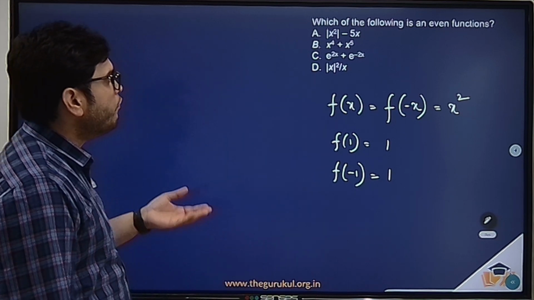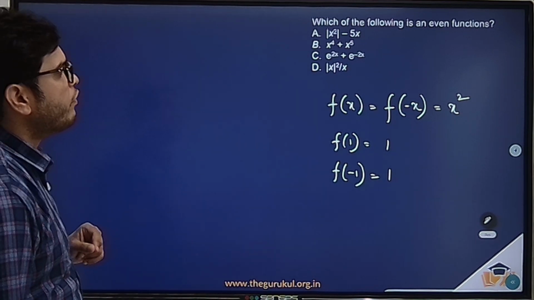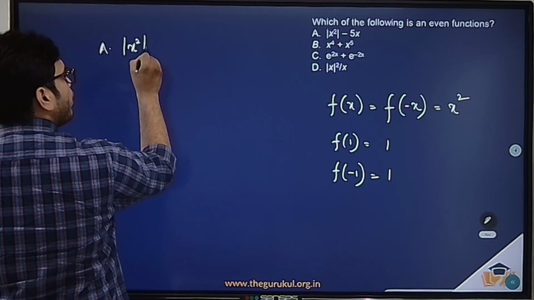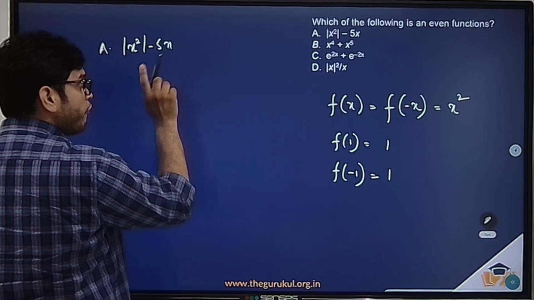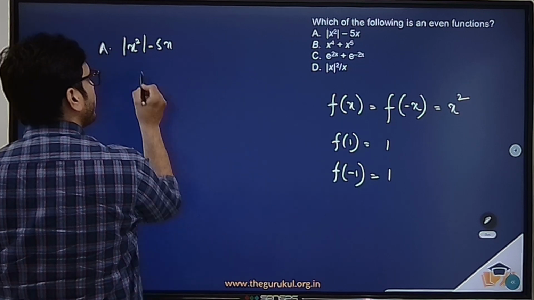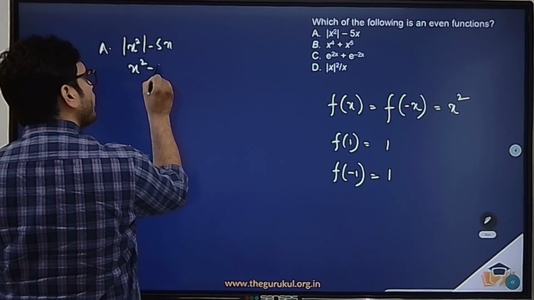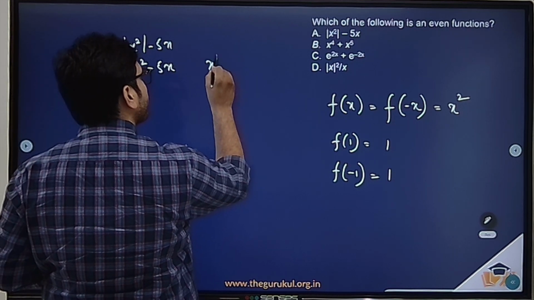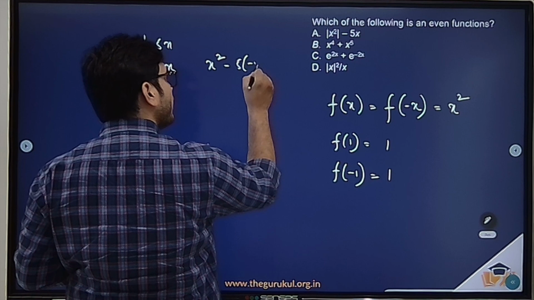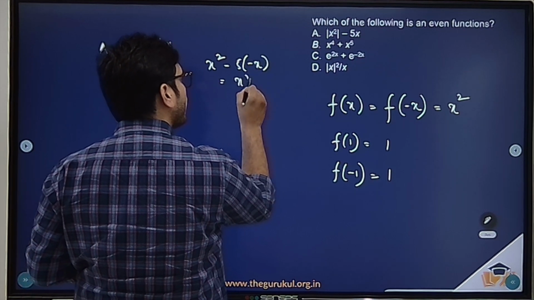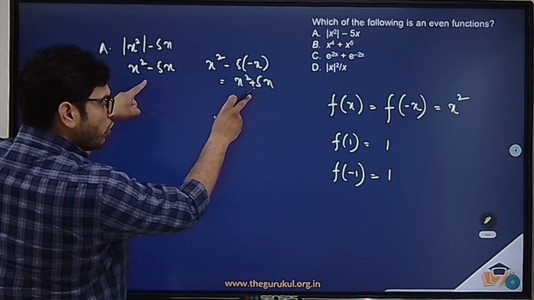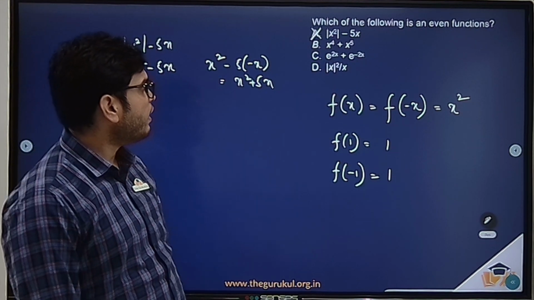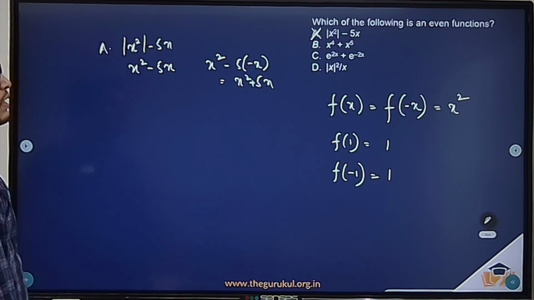Now we need to find which among the following is an even function. Let me consider option A, mod x square minus 5x. If x is positive, then this would be x square minus 5x. If x is negative, then you will have x square minus 5 into minus x, which would be x square plus 5x. These two are not equal, so this is not an even function. Now option B, x power 4 plus x power 5.